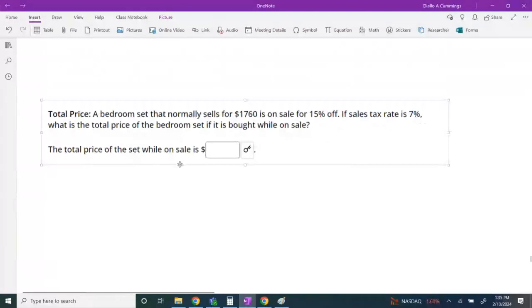It says a bedroom set normally sells for $1,760 and it's on sale at 15% off. The sales tax is 7%. What is the total price of the bedroom set if it was bought while on sale?